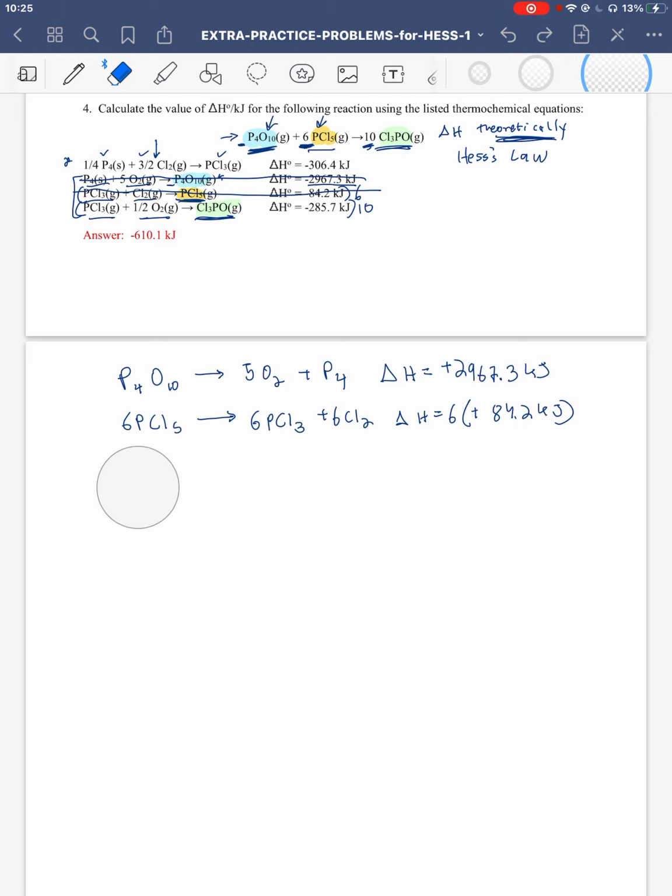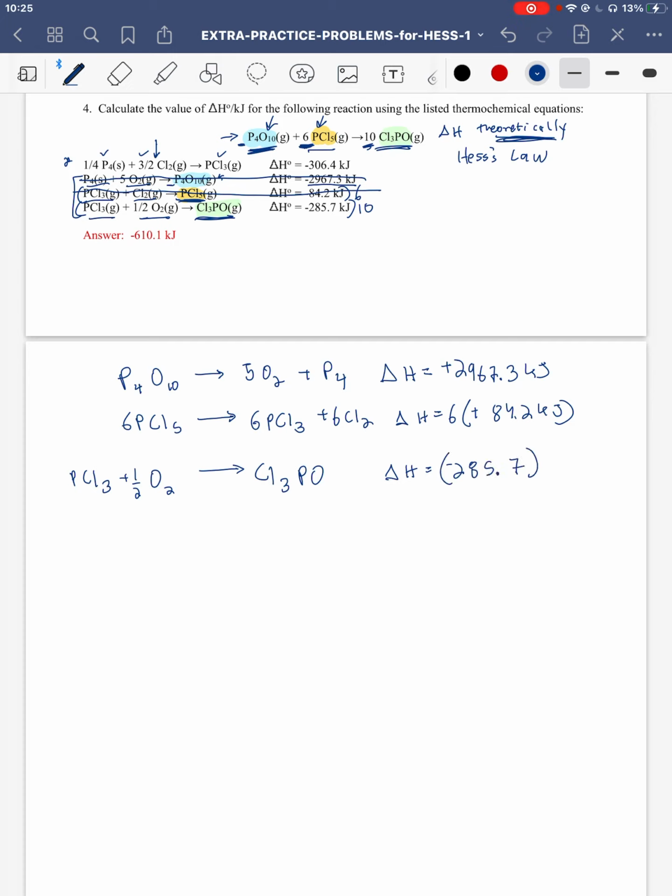I'm going to write it so that there's space. PCl3 plus 1/2 oxygen yields Cl3PO. Delta H, of course, is negative 285.7 times 10. I need to make sure I'm including that times 10.